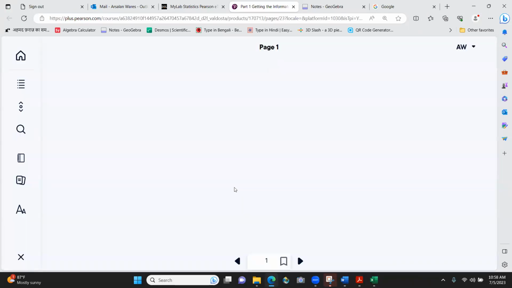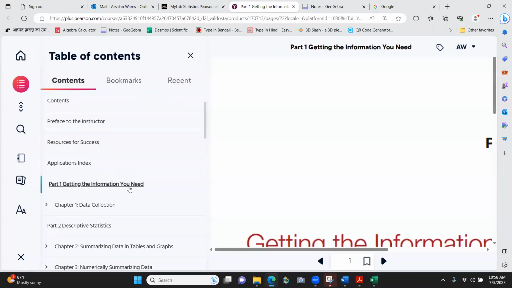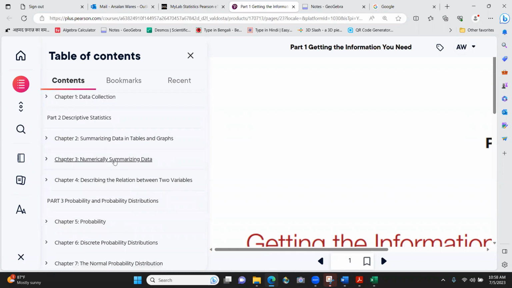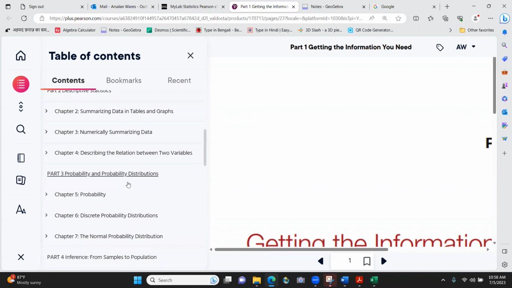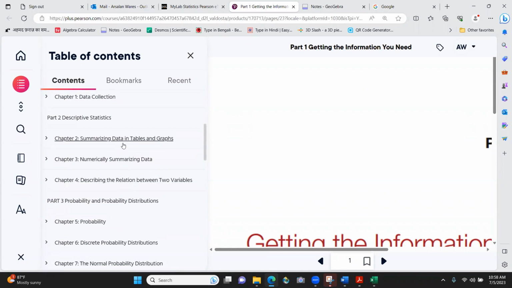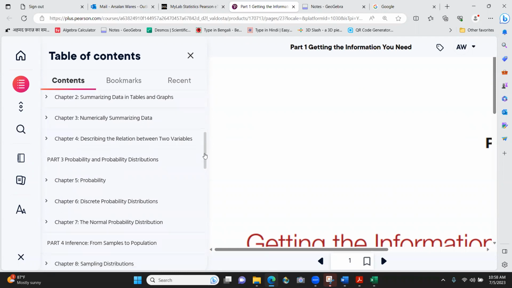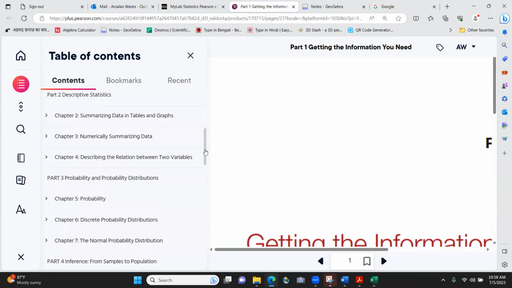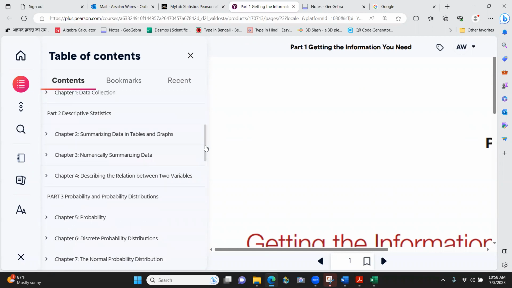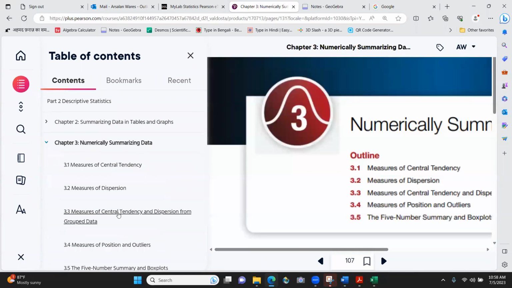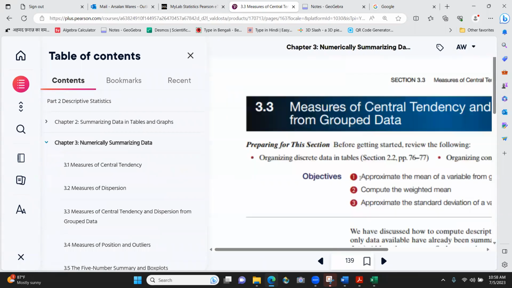Oh, this is an easy section. Group data, we are here.